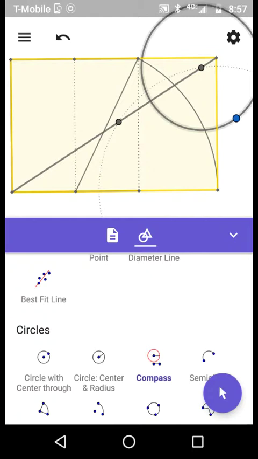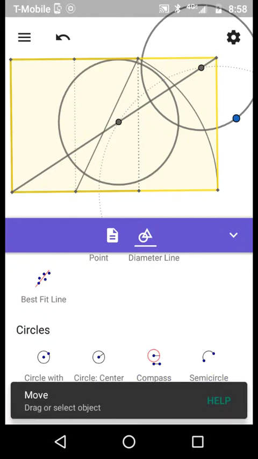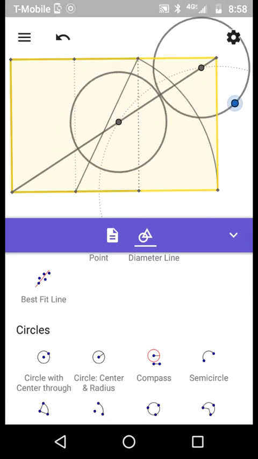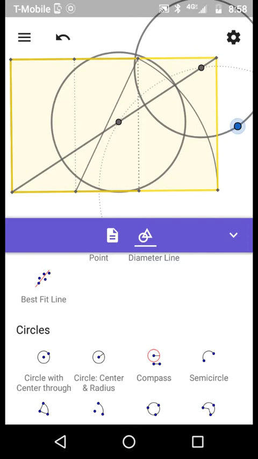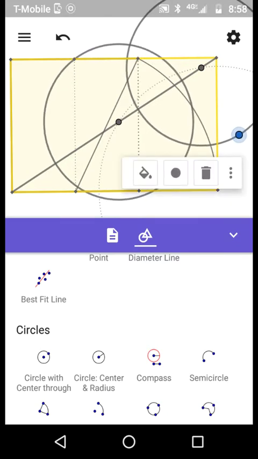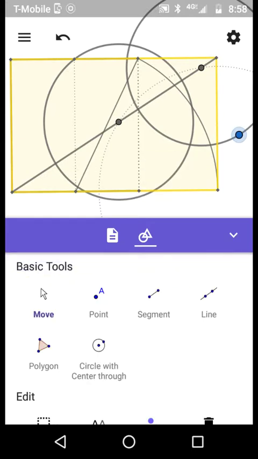I'm going to select this circle, and I'm going to draw another circle that's equal to it, centered over here on the opposite point. Since GeoGebra is dynamic, if I take the point that defines the radius of the original circle and move it, you see that the other one moves along with it. So it's dynamic. They're in fact related, and they're equal.